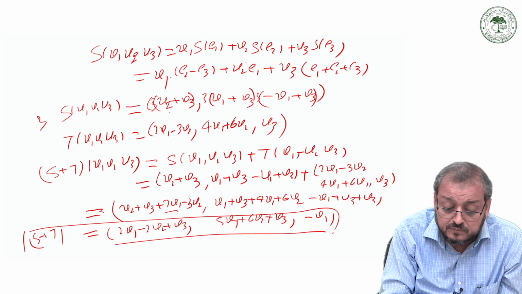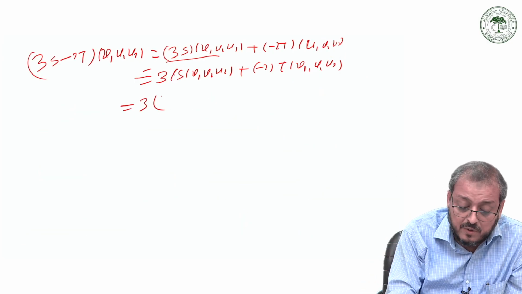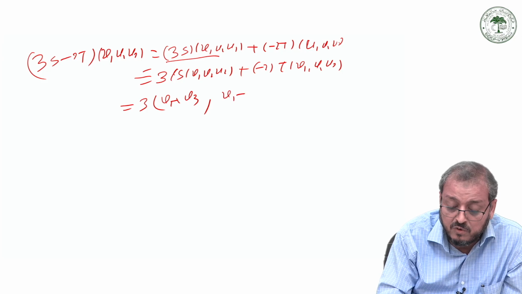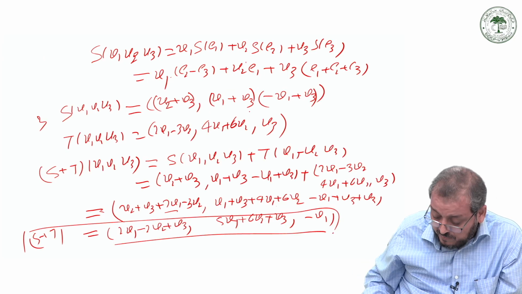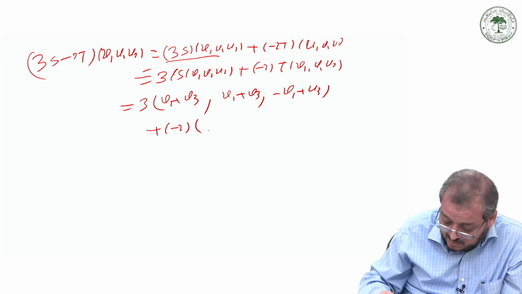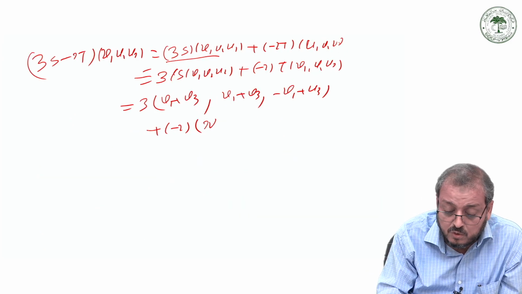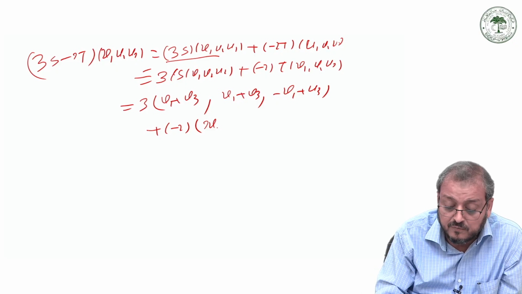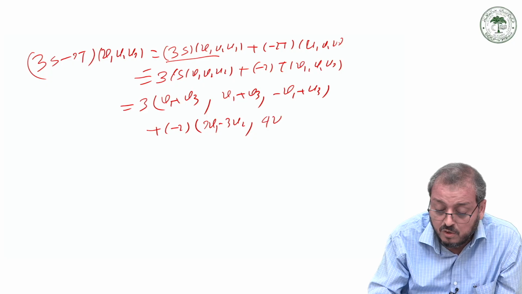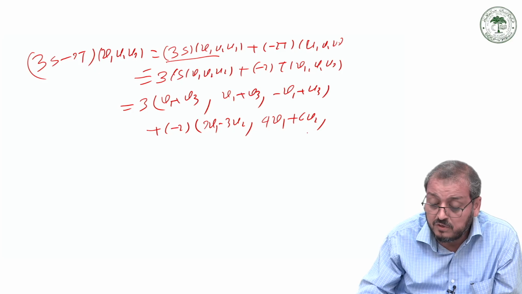Then 3 times of s of v1, v2, v3 is equal to like this: v2 plus v3, and then v1 plus v3, and minus v1 plus v3, and plus minus 2 times of t. t is equal to 2 v1 minus 3 v2, and then 4 v1 plus 6 v2, and then we have v3.